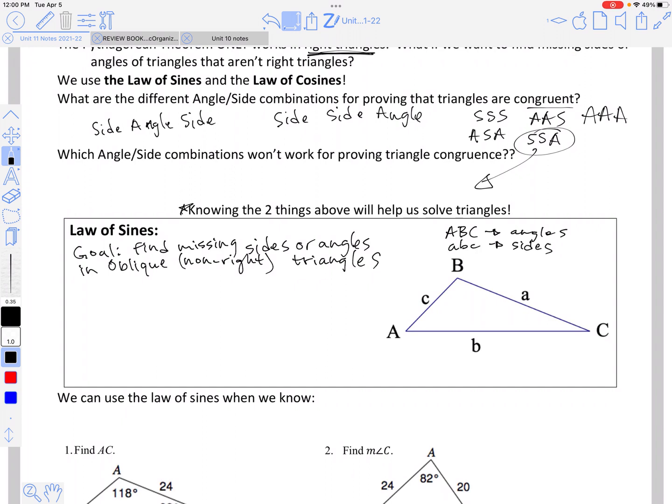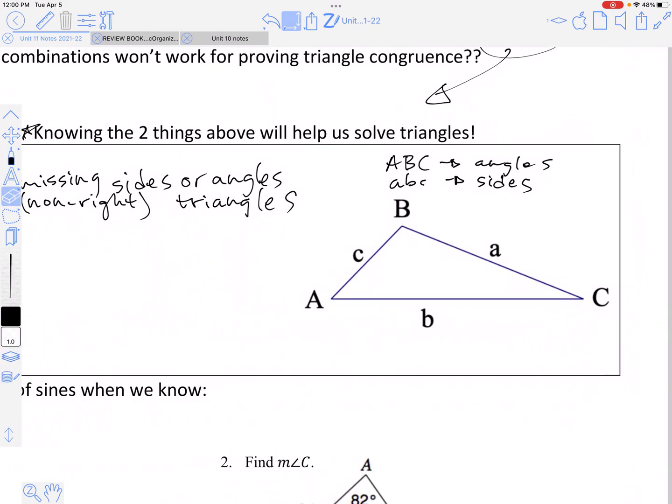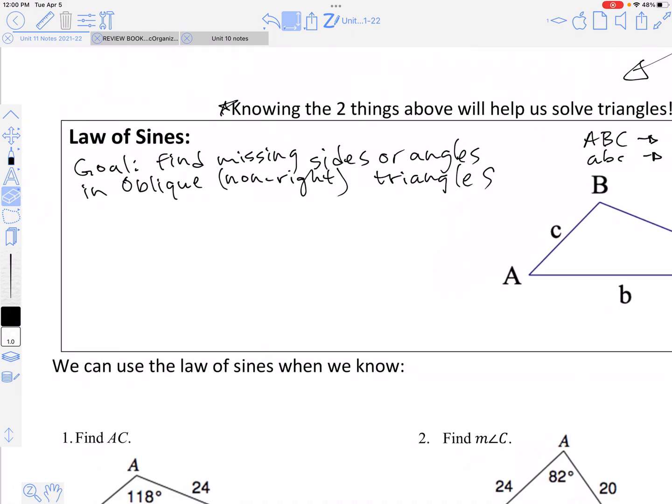Angle B always forms side B. Angle A will always form side A. And angle C, if you follow that angle out with your fingers, you'll hit side C. So you need to know that as well. Our goal with the law of sines is to help you find any sides or angles for non-right triangles.